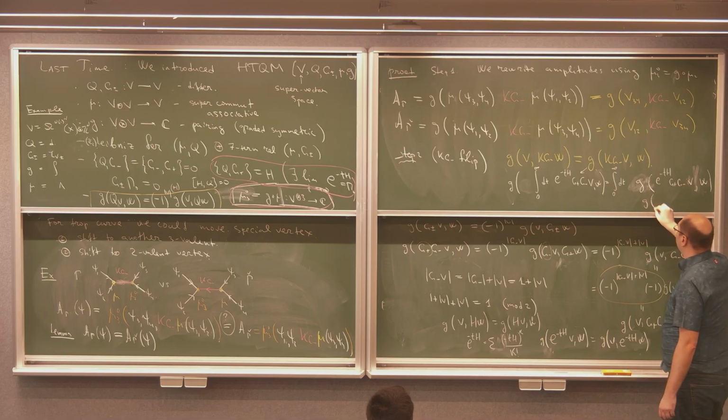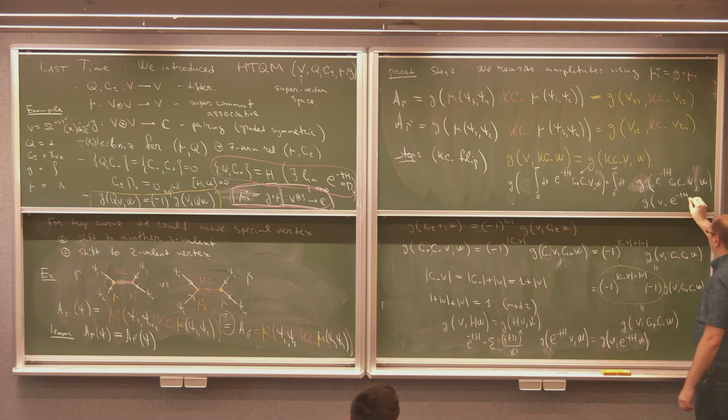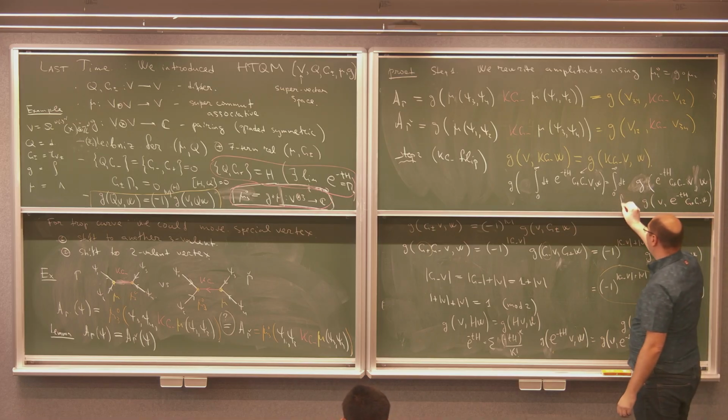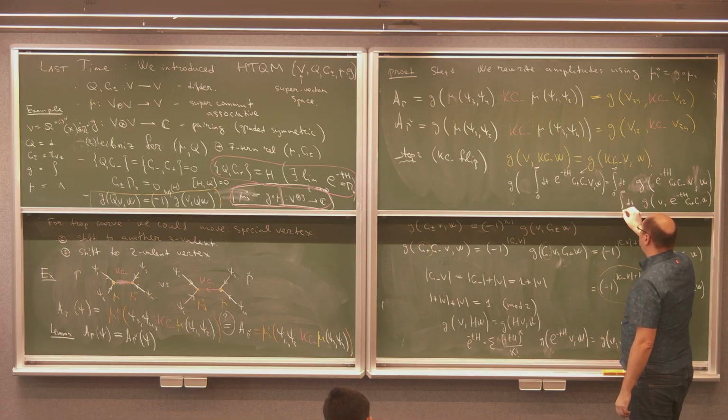Then e to the minus tH commutes with both G plus and G minus, so it doesn't matter in which order we write it. So we use these properties to move all these three operators to the second argument without any extra sign. And then we recover the integral.